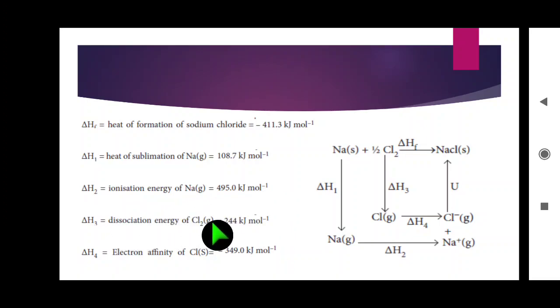Delta H3, the dissociation energy, is 244 kilojoule per mole. Delta H4, the electron affinity of chlorine, is minus 349 kilojoule per mole. Then we have to calculate the lattice energy of sodium chloride, that is U.